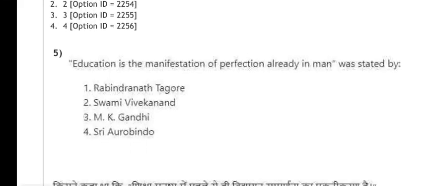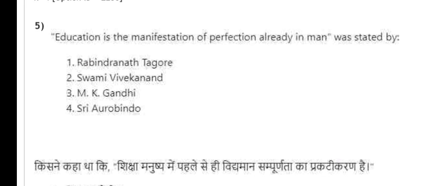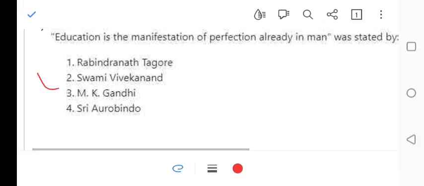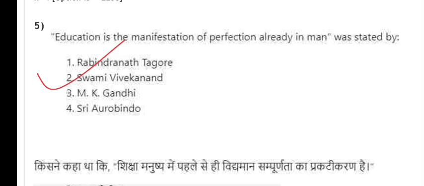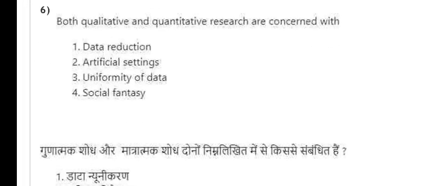Moving on, education is the manifestation of perfection already in man, was stated by whom? Rabindranath Tagore, Swami Vivekanand, M.K. Gandhi, Sri Aurobindo. It was Swami Vivekanand. Next, both qualitative and quantitative research are concerned with what? Data reduction, artificial settings, uniformity of data, social fantasy.